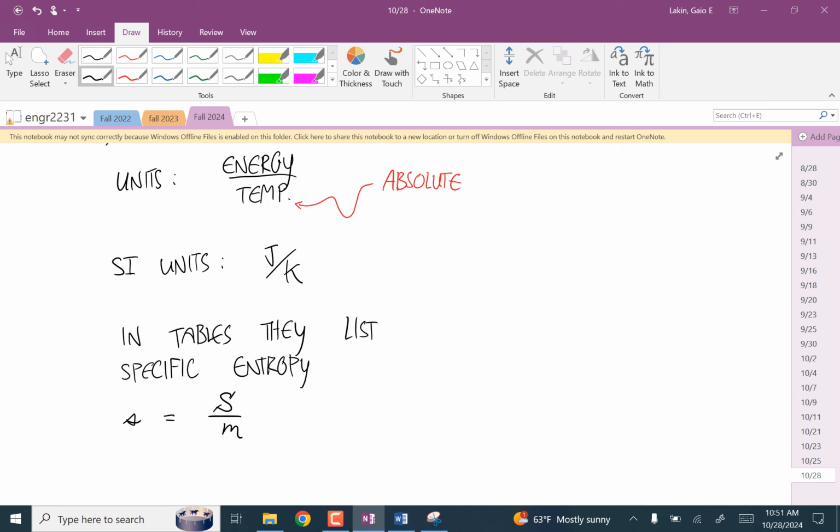See, that confuses me because, isn't entropy talking about the system, not a material? Yeah, I mean, it's talking about a material at a specific state. The same way that it has internal energy or pressure or temperature, it has another property that's entropy.